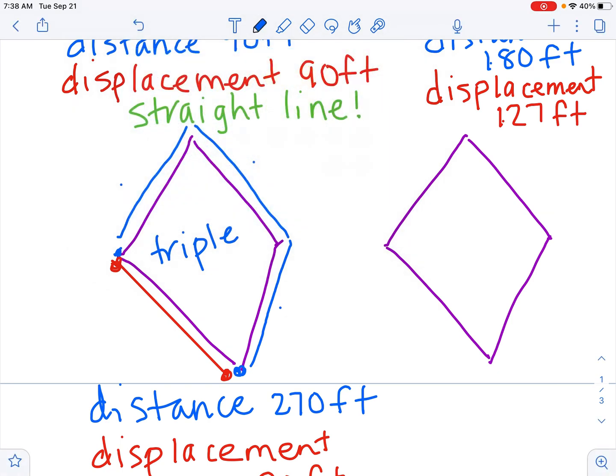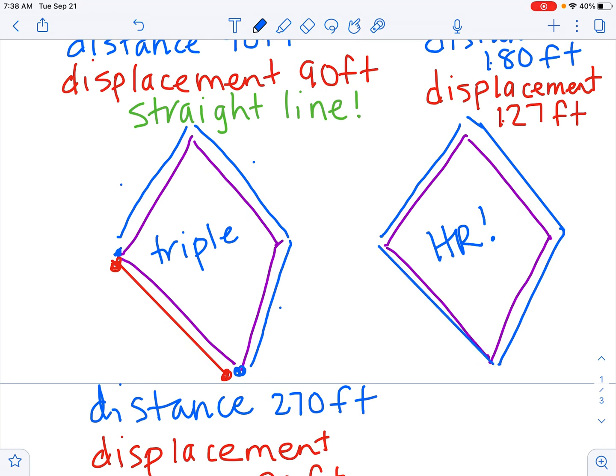All right, now what happens when we hit a home run? Okay, so first, second, third, home. Yay, crowd goes wild.